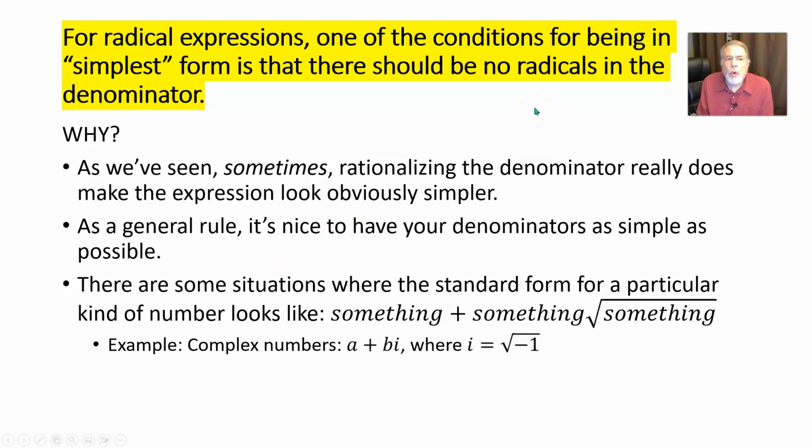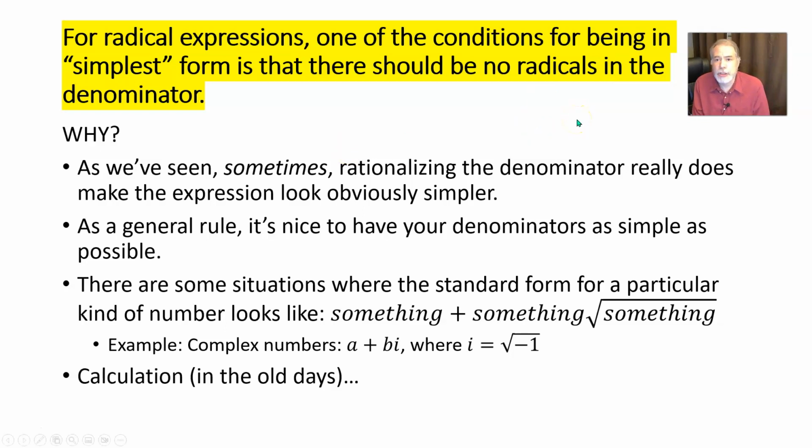And one more reason that doesn't really matter all that much today, now that pretty much everybody has access to calculators and computers and calculator apps on their phones and that sort of thing, but which probably was important back in the old days, has to do with calculation.